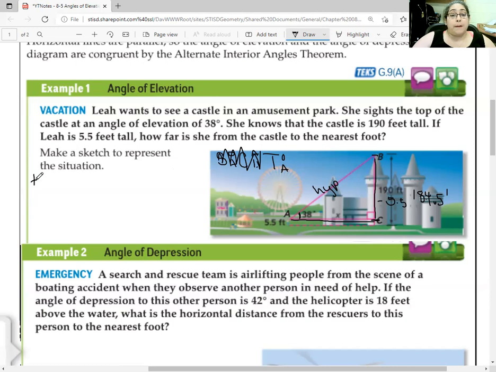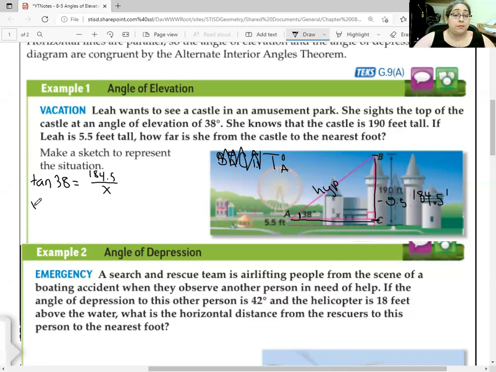So I'm going to write my trigonometric function equation as tangent of the angle that I was given, in this case 38 degrees, equals the side opposite that angle, that's the 184.5 feet that I had calculated at the very beginning, divided by the side adjacent to that angle, that is the distance that she is from the castle. That's x. Now I can solve for x.